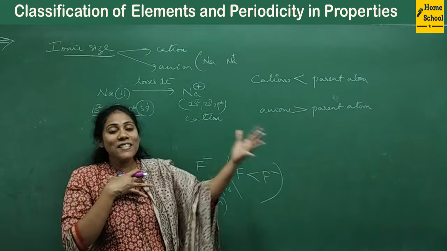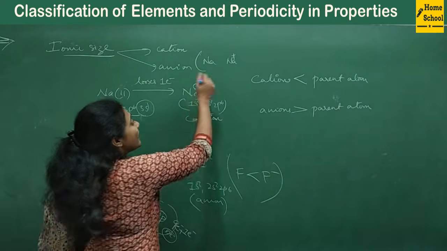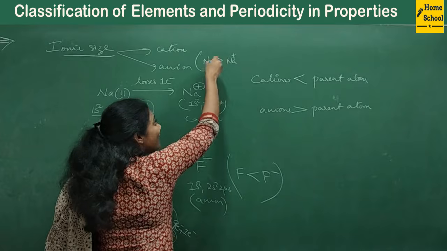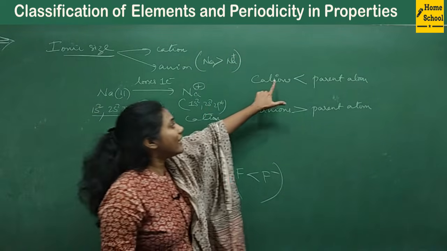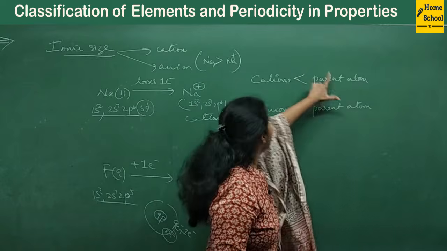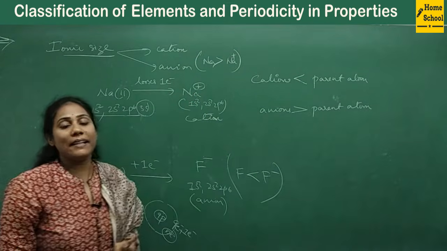When the last shell is pulled towards the nucleus, atomic size decreases. So definitely here, Na will have greater size than Na+. So that's why I told you cations are always smaller than the parent atom. Anions are always bigger than the parent atom.